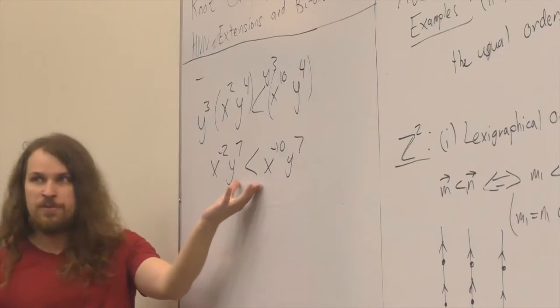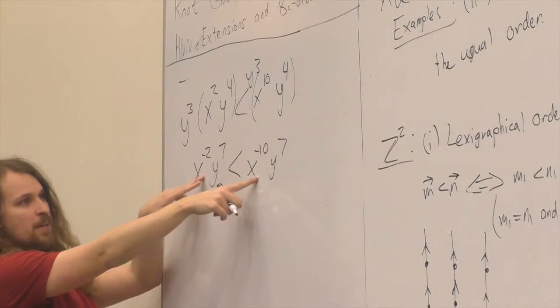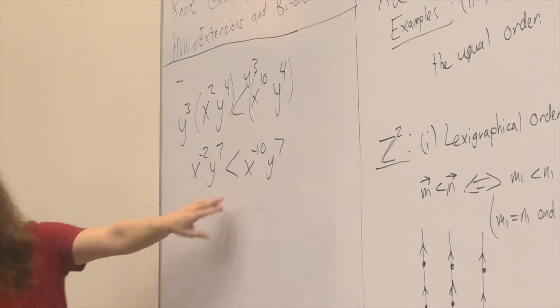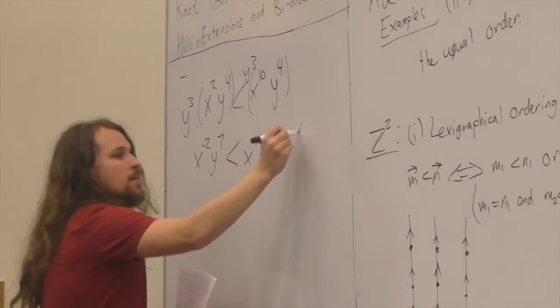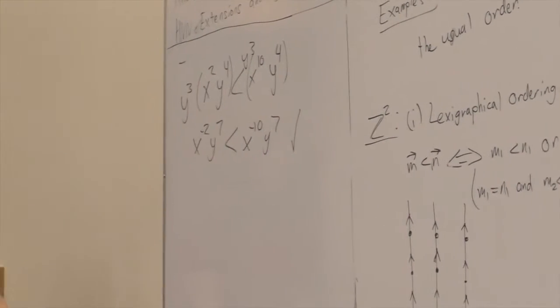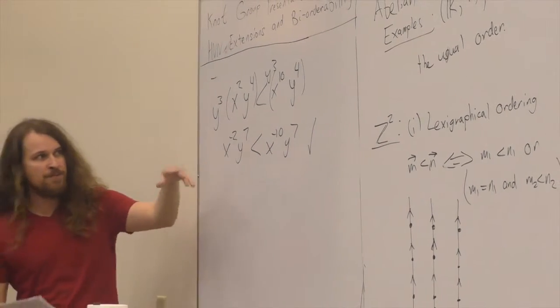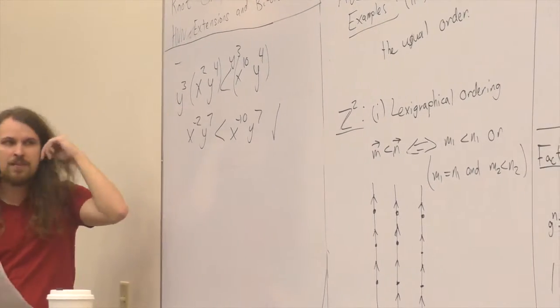And note that our order is preserved here because now we're odd. So we look at which one of these guys is smaller, according to the rule over there. So maybe not super formal in writing all the cases, but the only bad case you have to worry about is when you multiply by an odd power of y.